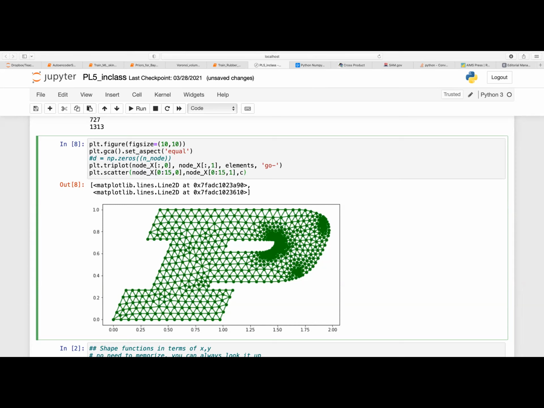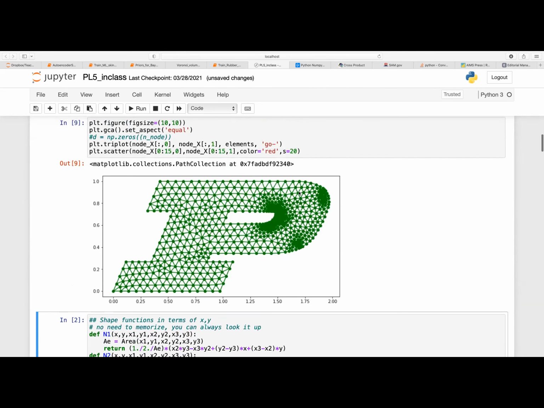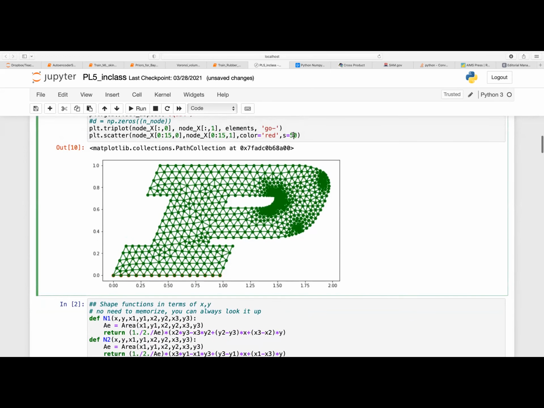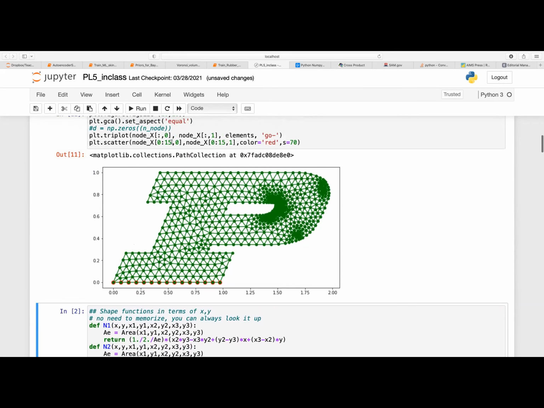Then color equals red, size equals 20, something like that. There we go. Yeah, so the first 15 nodes, I guess maybe I'll make it even bigger. So you can see that if you do this scatter of the first 15 nodes, then they are the ones at the bottom. So those are the ones for which we are going to put the essential boundary condition.